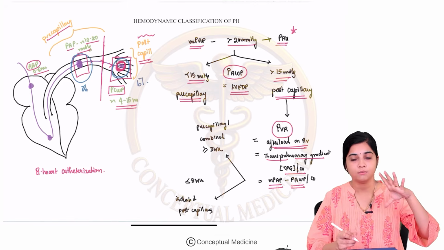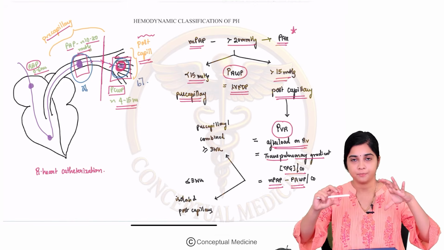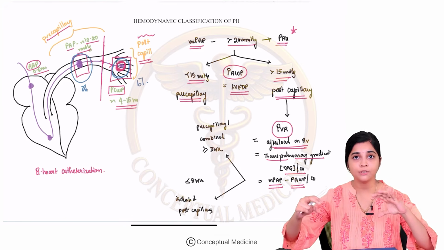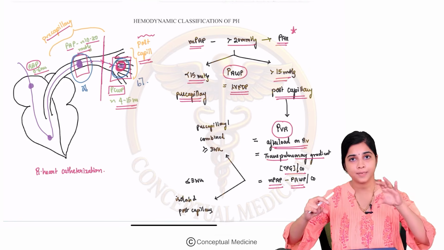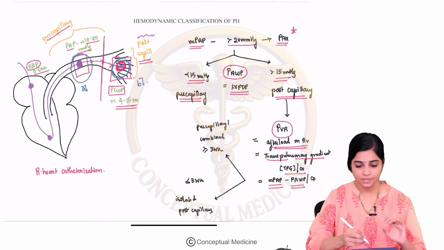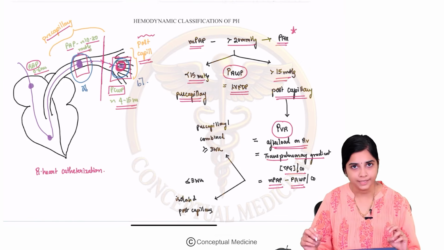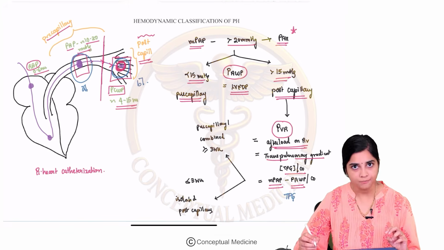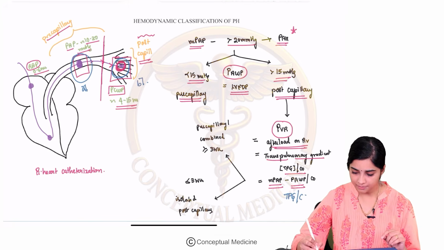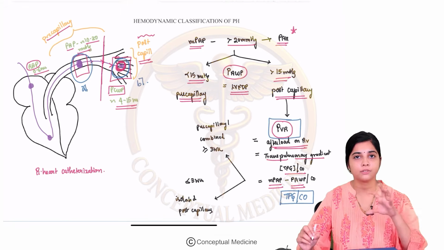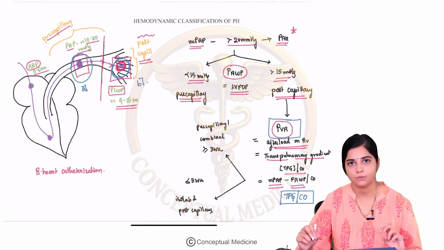So here versus this wedge pressure, because it is encountering a resistance, correct? Because the diameter of the vessels is narrowing, it is becoming capillaries. So the pulmonary arterial pressure minus the pulmonary capillary wedge pressure is your transpulmonary gradient. Okay, so this is your transpulmonary gradient. So transpulmonary gradient by cardiac output is going to give us your resistance. It is going to give us the resistance to the flow of blood.